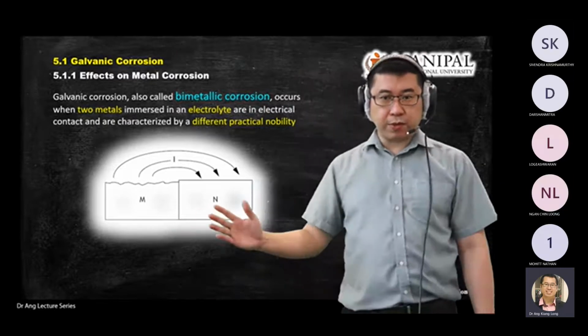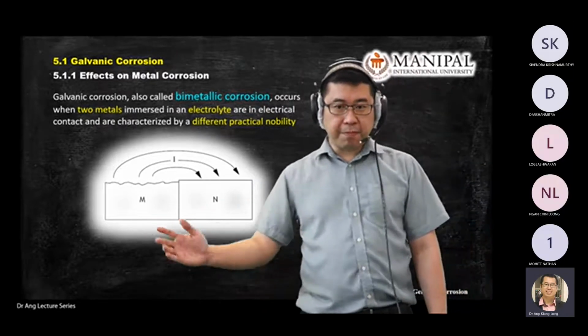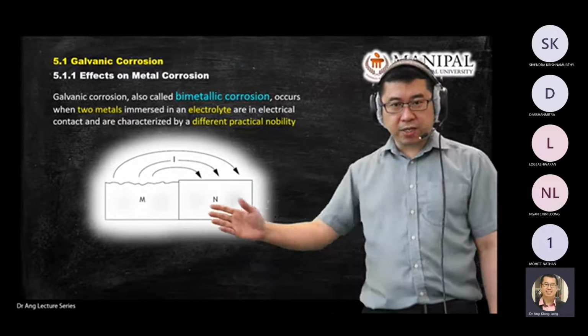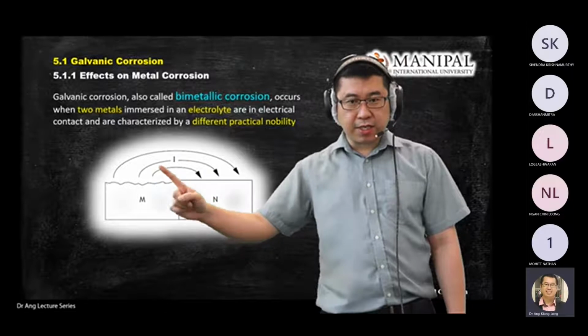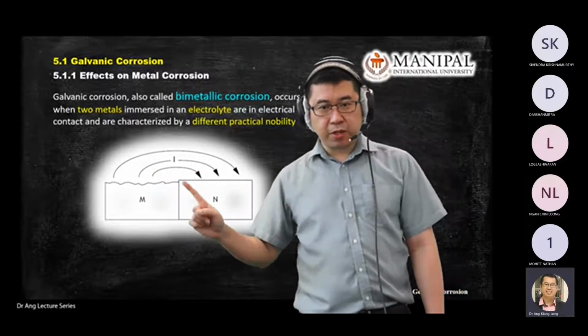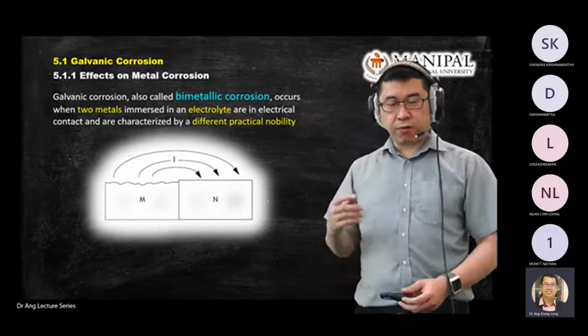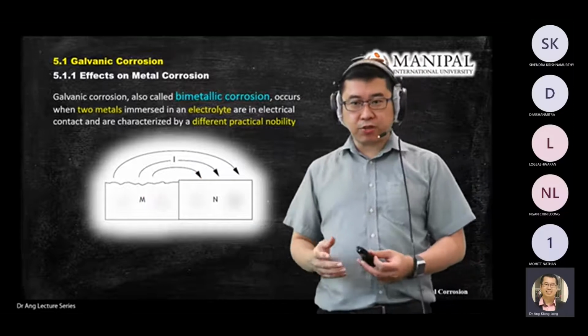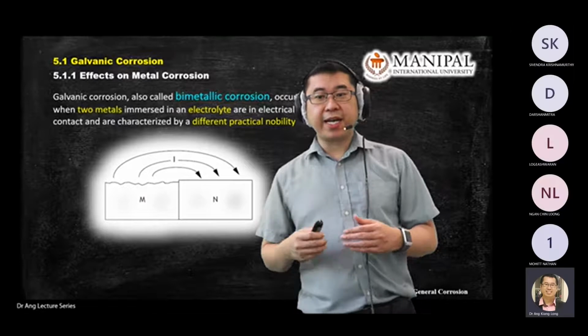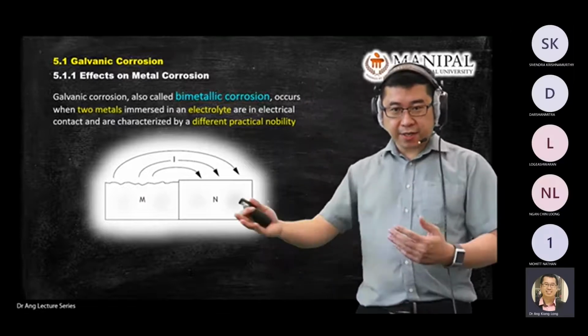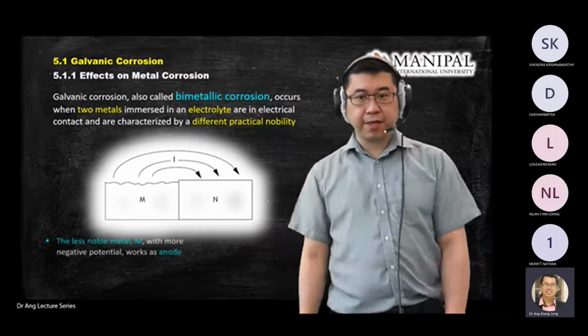We have two metals. One is M, one is N. Later you will see something flowing between these two metals, and we will recall some electrical terms, defining the potential and the current that happen between them.